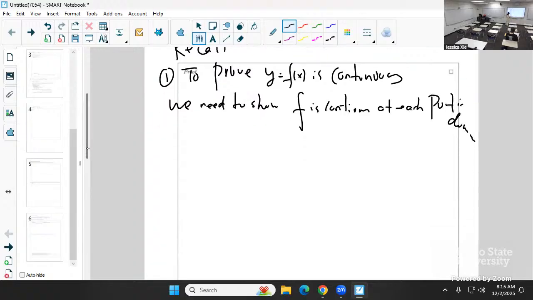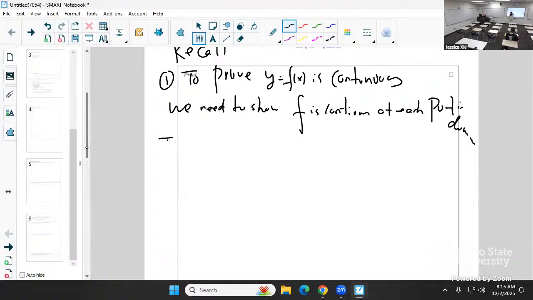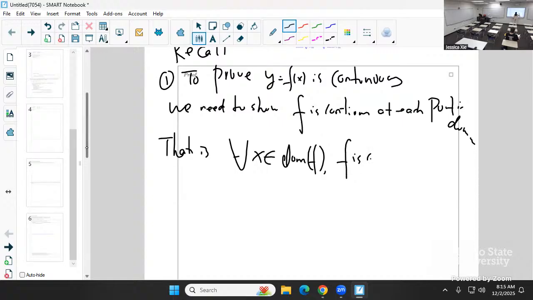So basically, to prove that a function is continuous, you need to show that for any x in the domain of f, f is continuous at x.